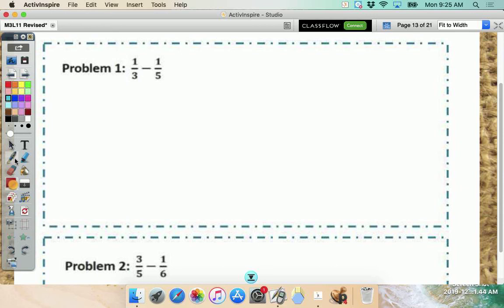Because if you're not, then we've got problems and we're going to end up on the negative side of 0. So you don't have to draw this, but let's just say I was doing 1/3 minus 1/5. I want to double check and make sure my 1/3 is larger. Is it? Yeah. So then I can go ahead and set up this subtraction problem.